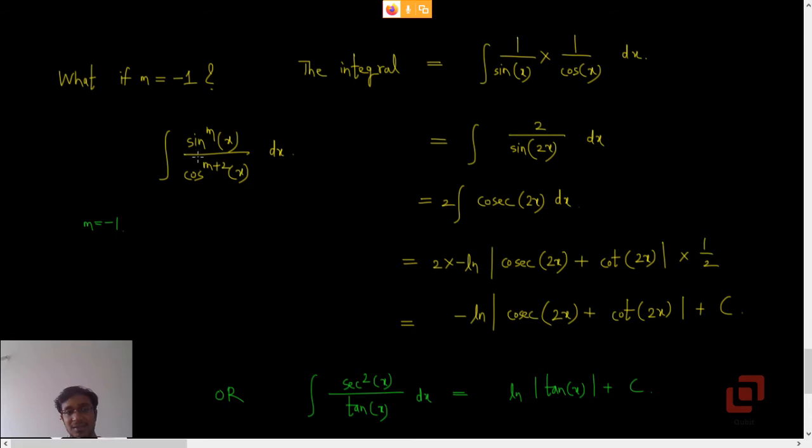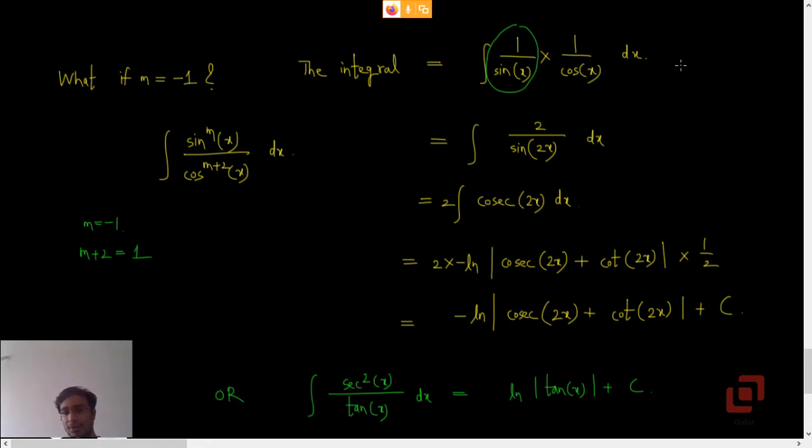Let me tell you that this doesn't mean that the numerator becomes sin inverse of x. It is still sin x and then you are taking its reciprocal. So 1 upon sin x will be here. Then let us go to the denominator, which is cos x raised to m plus 2. If m is -1, m plus 2 will be 1. So cos x will sit in the denominator.